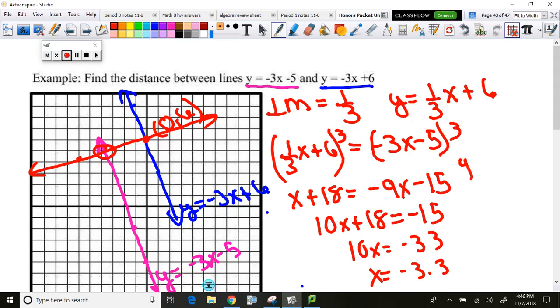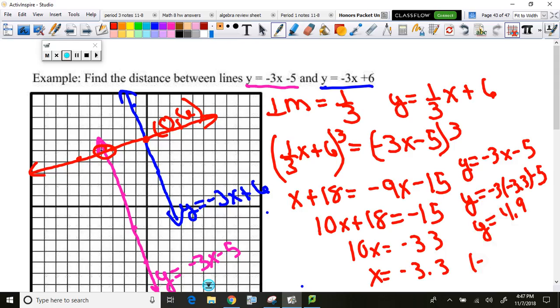To find y, I use one of the equations. I'm going to use negative 3x minus 5, and substitute negative 3.3 for x, so that's negative 3 times negative 3.3 minus 5. I use my calculator to simplify that. I get y equals 4.9.